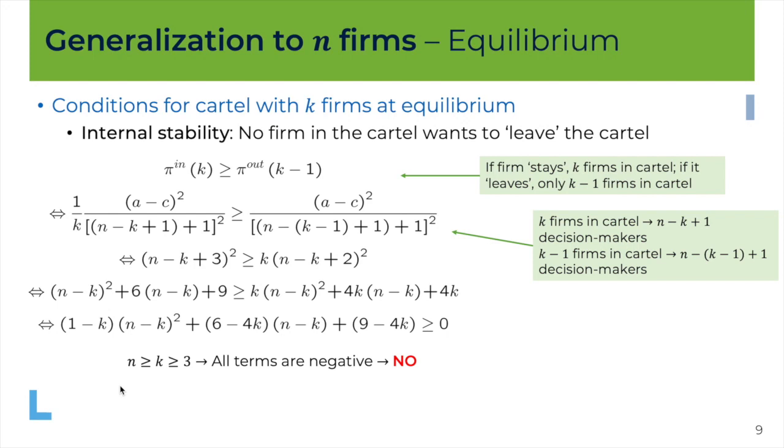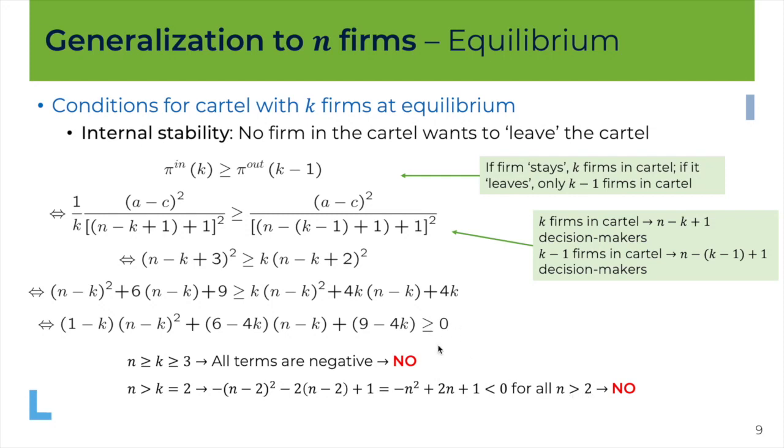Okay, so that leaves us with 2 possibilities. Either k is equal to 2, so there are only 2 firms in the cartel, and n is strictly larger than 2. So if you replace k by 2 in this inequality here, and you just sum up the terms, you're going to reach minus n squared plus 2n plus 1, and you can check that this is negative for any n strictly larger than 2.